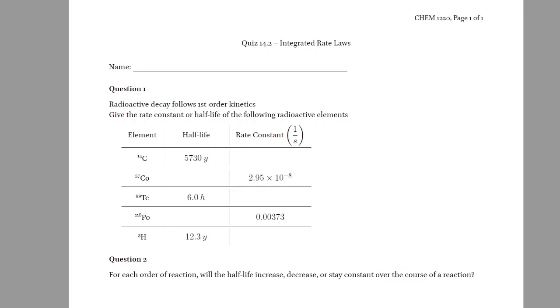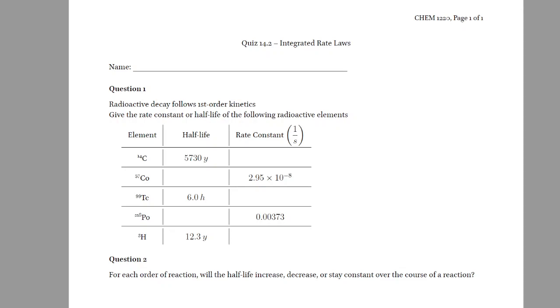So we can really just replace this with the new rate constant, 2.95 times 10 to the negative 8th. And that's going to give us an answer of 2.35 times 10 to the 7th seconds.